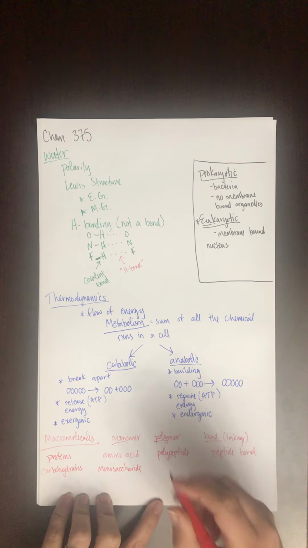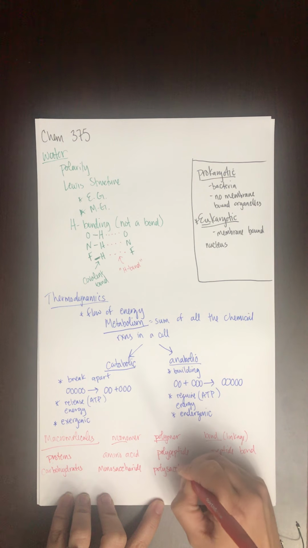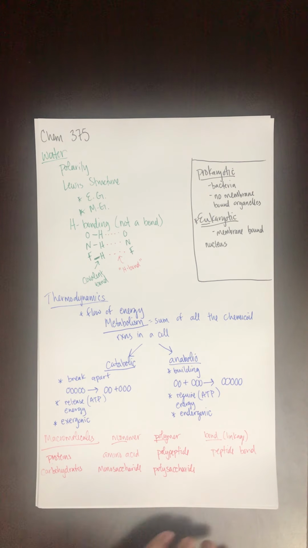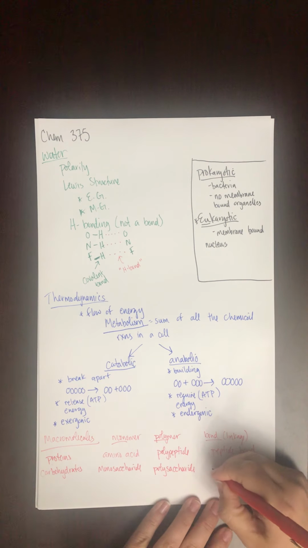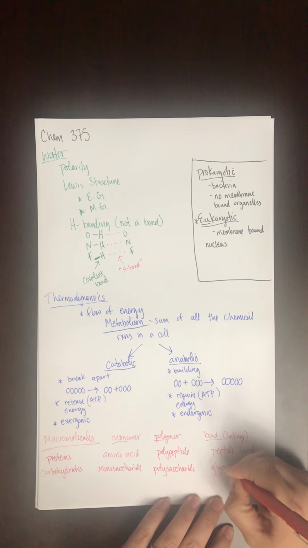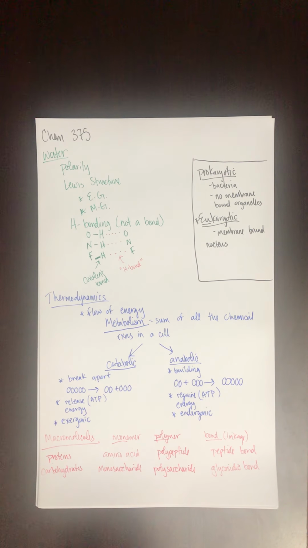The polymer form is called a polysaccharide. And the bond that holds the polysaccharide together is called a glycosidic bond. And these are often called glycosidic linkages, same thing.